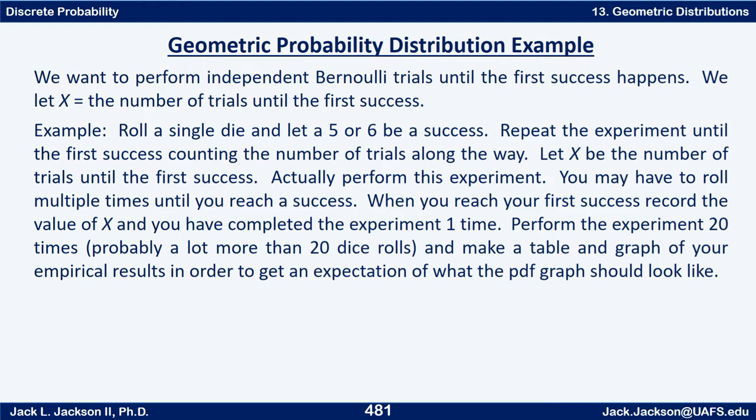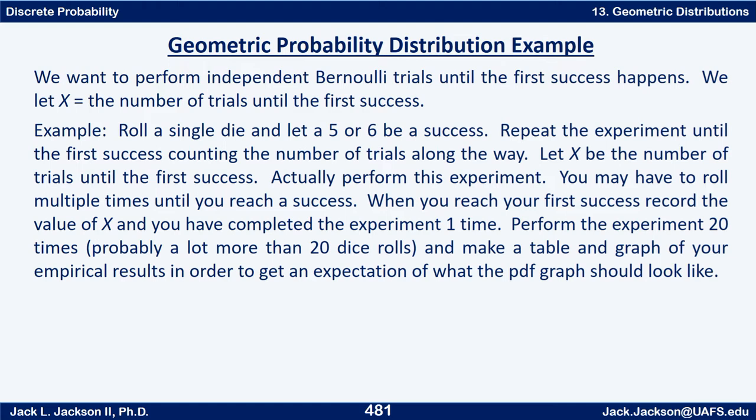And then when you finally get a first success, you've performed the experiment one time. It may take multiple rolls. It takes however many rolls it takes. It takes x rolls until you get a success. So what I'd like you to do is actually get a die out and try this. Or if you don't have a die, maybe use a simulator on your computer or your calculator.